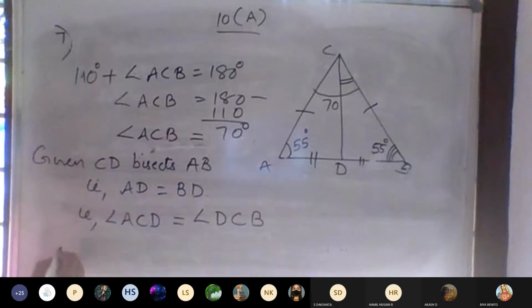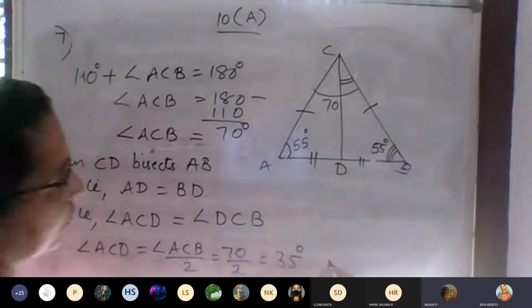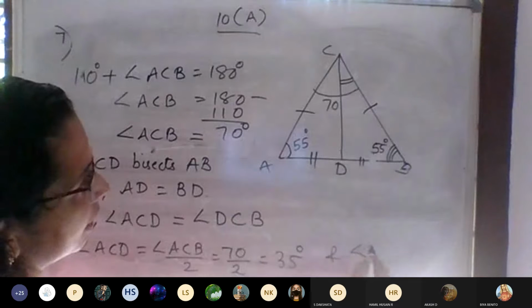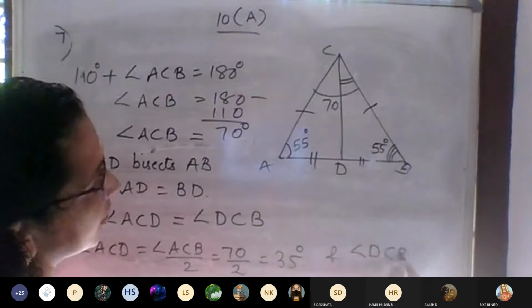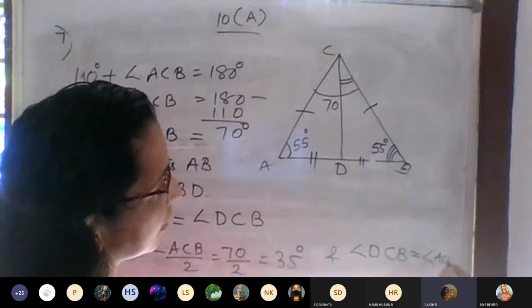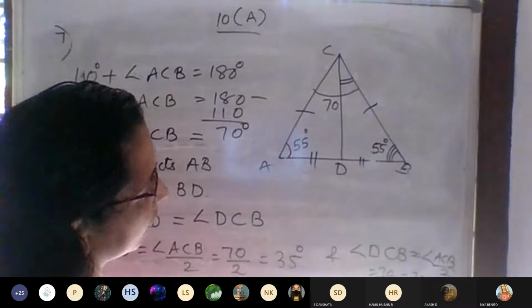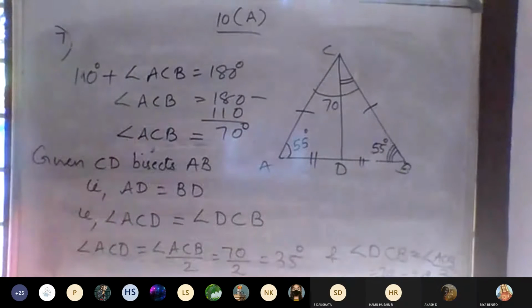Therefore, angle ACD is equal to angle ACB by 2, which is 70 by 2, that is 35 degrees. And angle DCB is equal to 35 degrees.